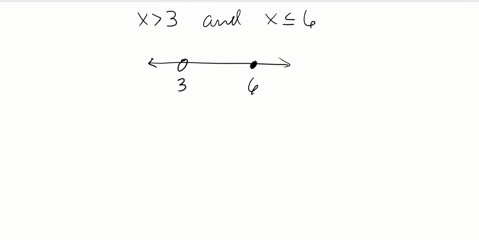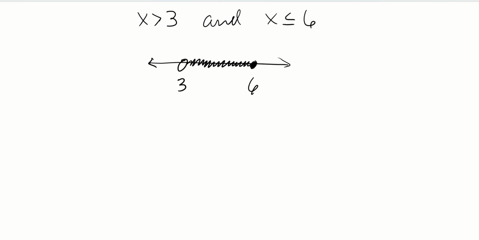If I look at x is greater than 3, it's going to be all the numbers bigger than 3. And x is less than or equal to 6 is going to be all the numbers smaller than 6, including 6. So the only numbers that fit both of those criteria are these numbers in between 3 and up to 6.